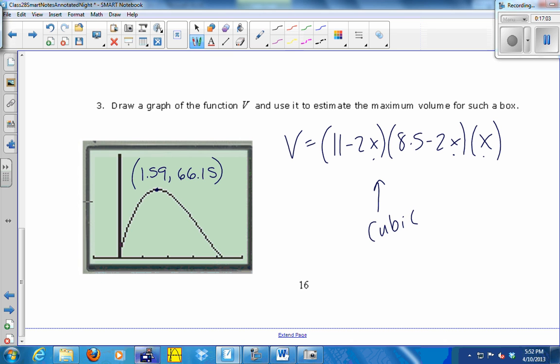So what is the maximum volume of a box that I build this way? What's the biggest volume that I can make? 66.15 cubic inches.